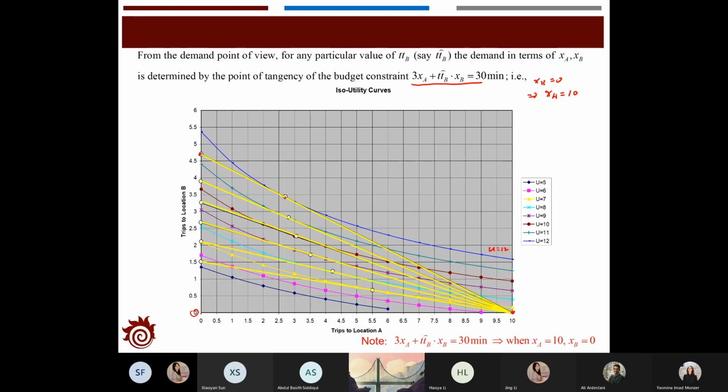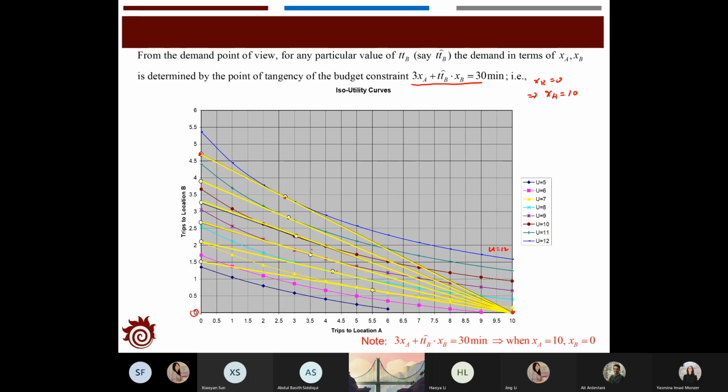Or you can draw multiple budget lines starting from the point at (10, 0), which is the point that the budget line should pass, and tangent to all the other isoutility curves. So with that, you have 1, 2, 3, 4, 5, 6.